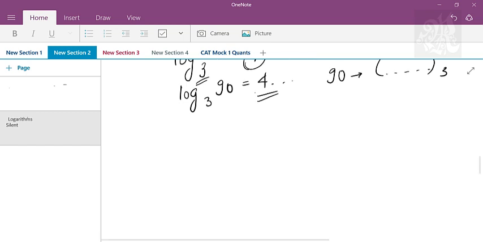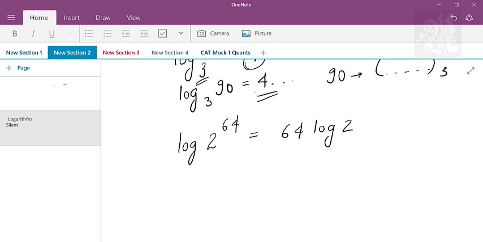Sometimes you have a question in exams, not just CAT but a lot of other exams: how many digits does 2 raised to 64 have? That's simple, you just have to take the log, so it is 64 log 2. It's 64 log 2 because the logarithm of 2 into 2 into 2 into 2 ultimately becomes log 2 plus log 2 plus log 2 plus log 2. We'll talk about that some other time.